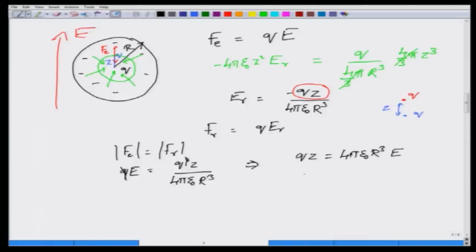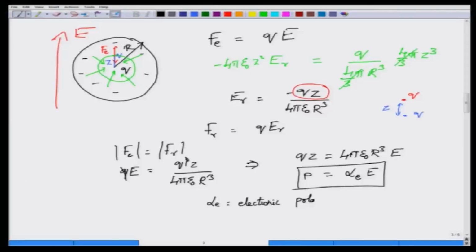I know qz is the dipole moment P of the atom that we are considering. This should be equal to some quantity alpha_E times E, and this quantity alpha_E is called electronic polarizability. This is called polarizability, and it is electronic polarizability because it corresponds to a particular atom of a given matter.